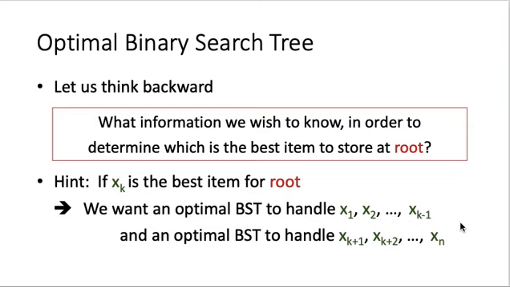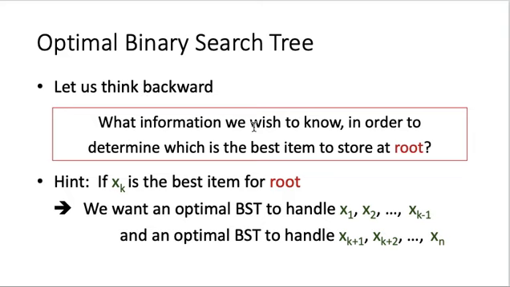We are not going to give you the full solution of how to do so, but we are going to give you some hints on how to design it. It turns out that this optimal binary search tree problem is very similar to the matrix multiplication problem that we have just studied. We may find the optimal binary search tree by thinking backwardly.